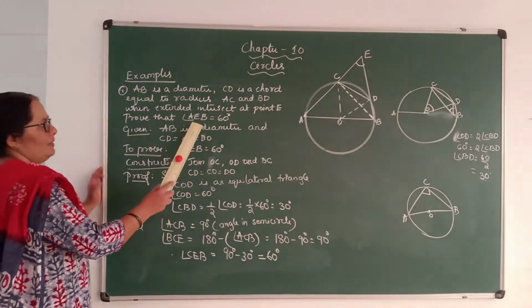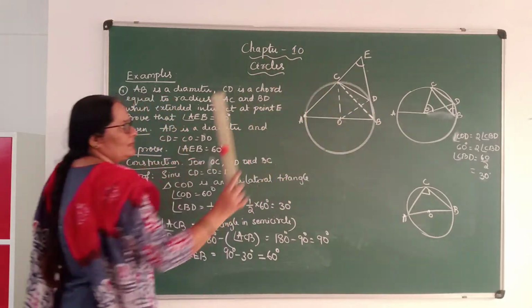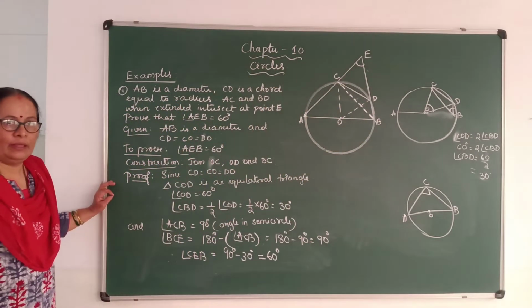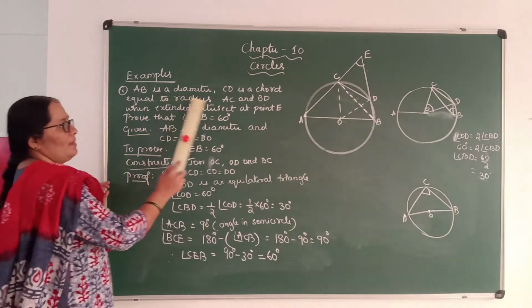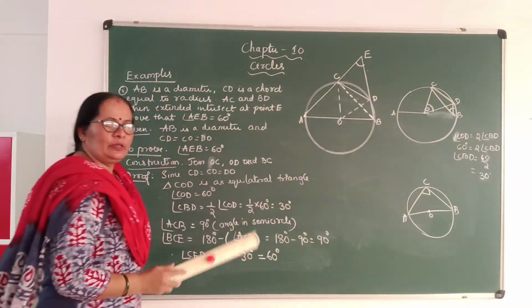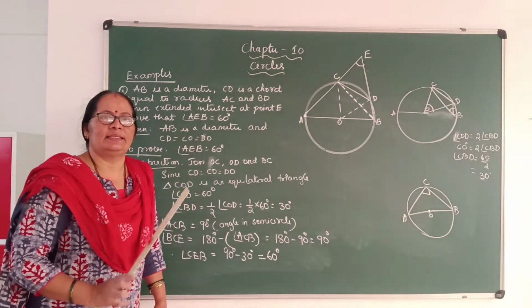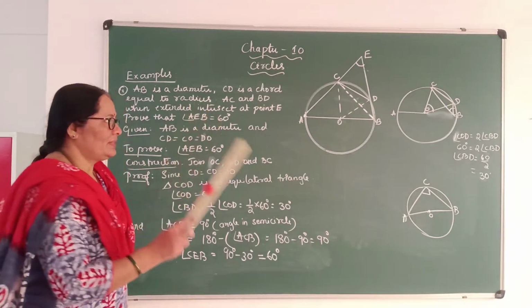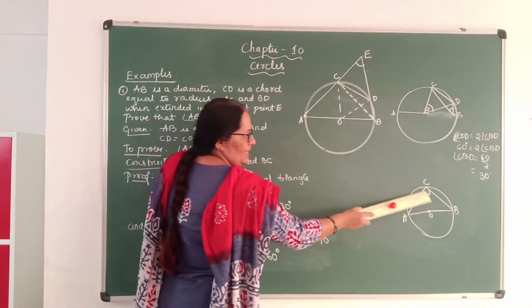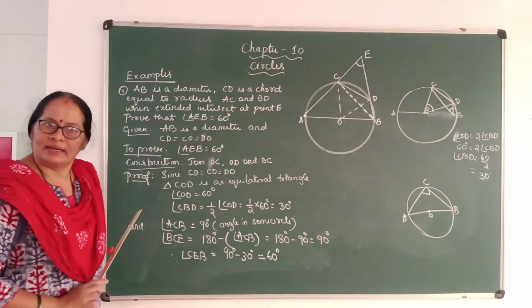See here, you need to prove that angle AEB equals 60 degrees. Using the condition, AB is a diameter. You learned that the angle in a semicircle is a right angle, right? So angle ACB equals 90 degrees.